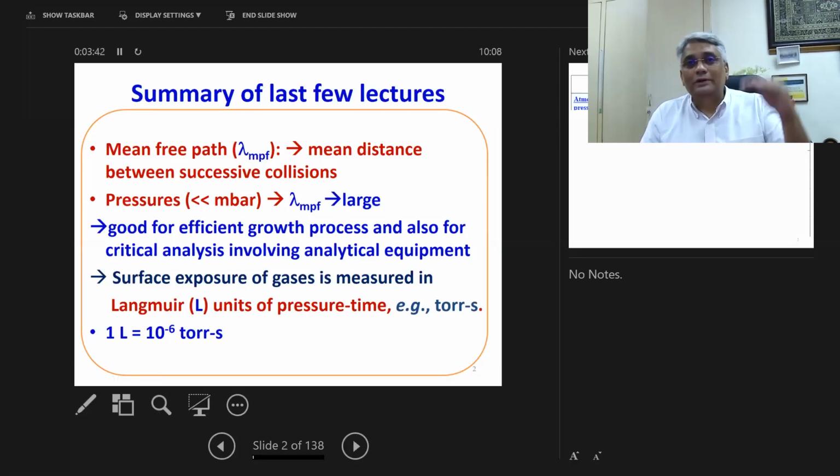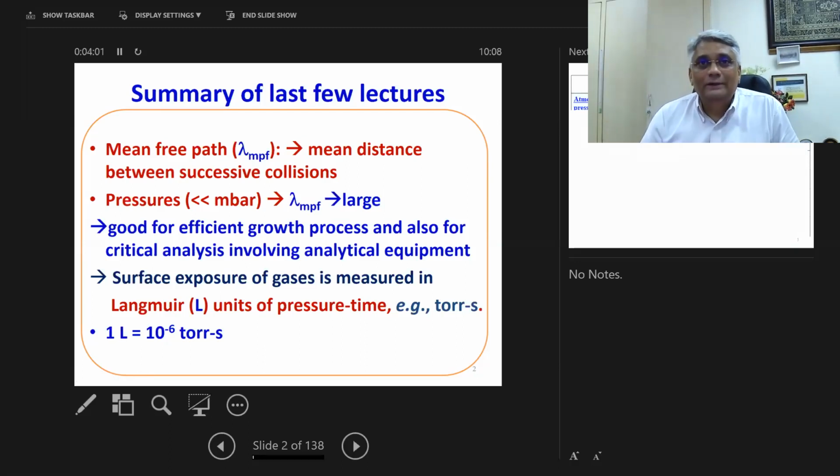So you clean the substrate and load it, and you expect a good thin film to form on a clean substrate. But then if the clean substrate is exposed to the ambient, the ambient gases can contaminate the surfaces within no time.